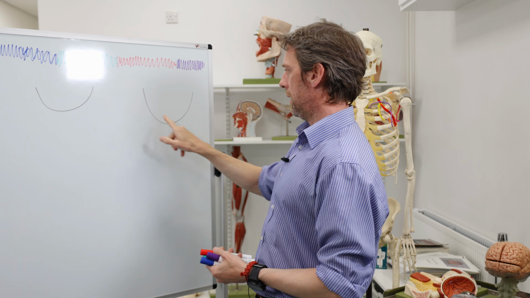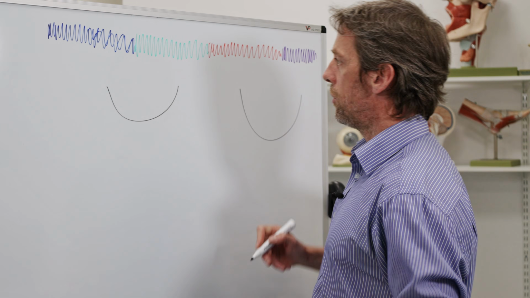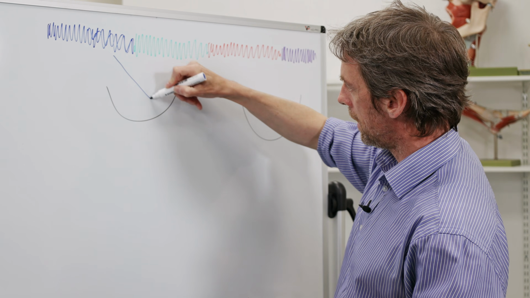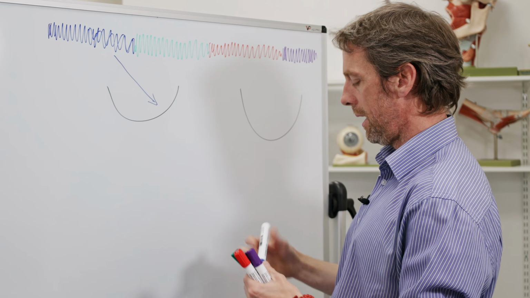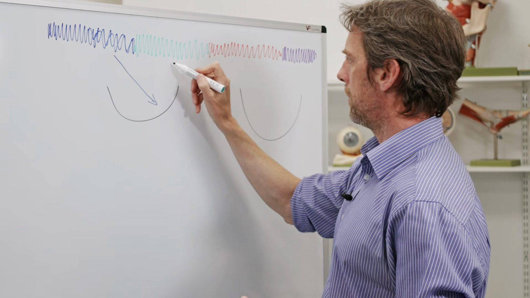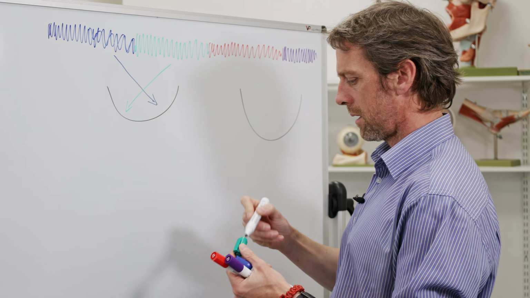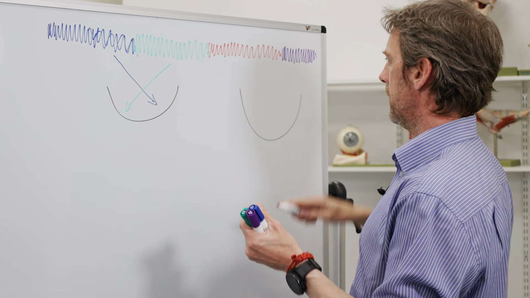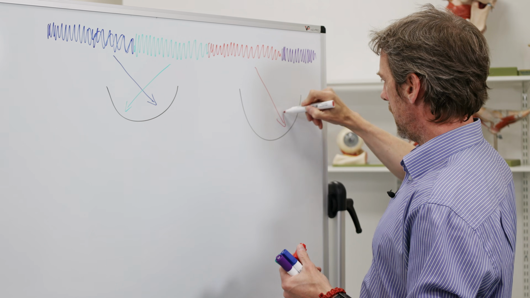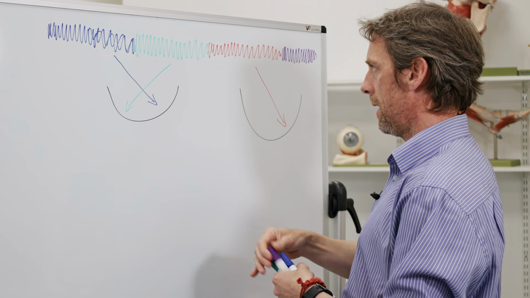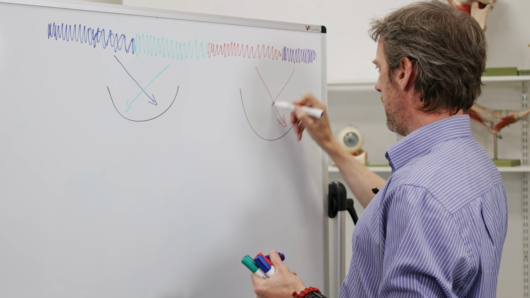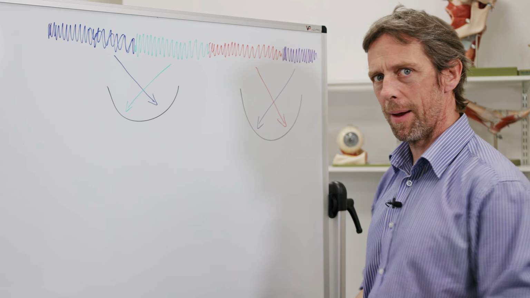This is a retina, and this is a retina. So if you remember the spoon, the light from here is going to come in here. The light from here is going to come in here, and the light from here is going to come in there, and the light from there is going to come in there.